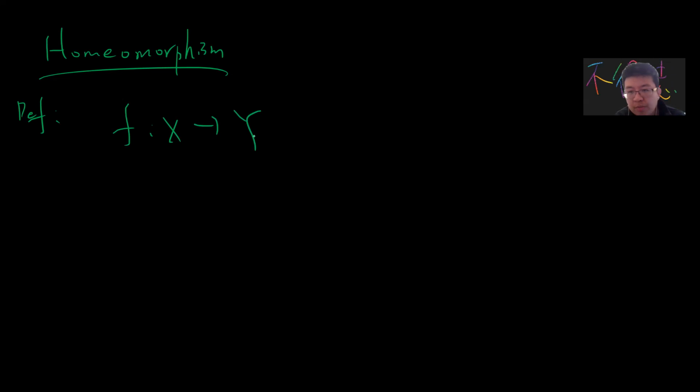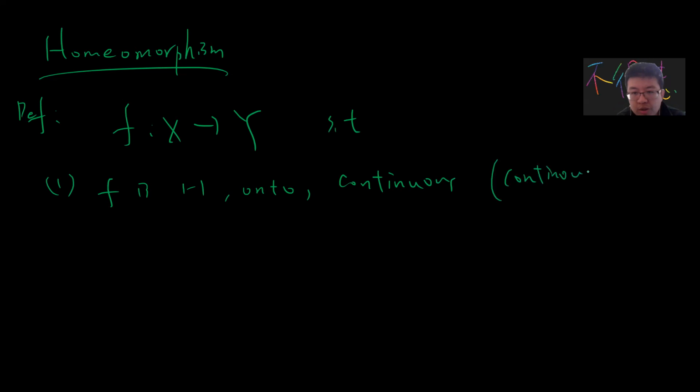Let me give the definition. Let f be a function between two topological spaces such that, first, f is one-to-one and onto and continuous, so this is also called a continuous bijection. And second, f has a continuous inverse.